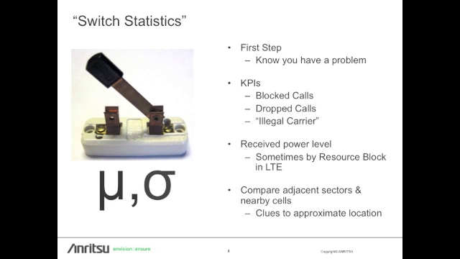I've even seen in some systems indications of received power level or even down to the resource block level in LTE. It's kind of a crude spectrum analyzer by itself, which can be a little more information about what's going on. And another piece of this is comparing adjacent sectors and nearby cells, which can give you some clues about approximate location, which can help you travel in the right direction.